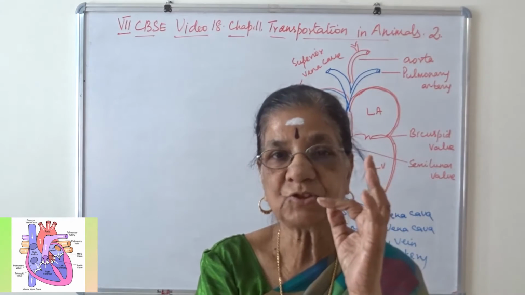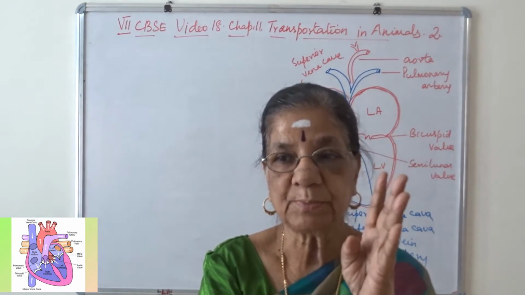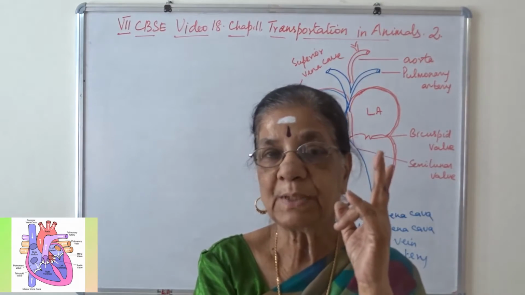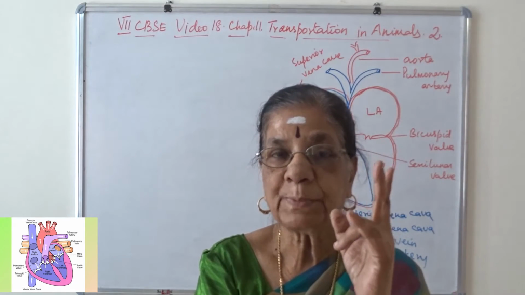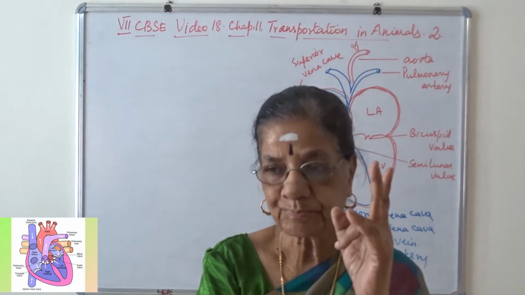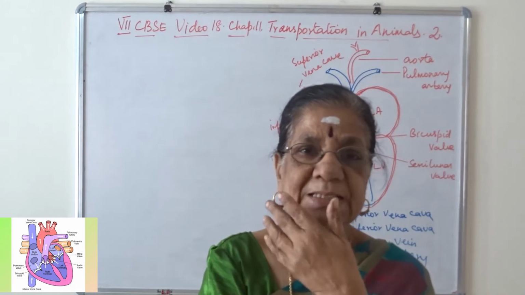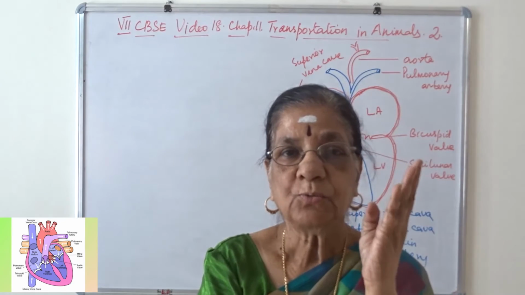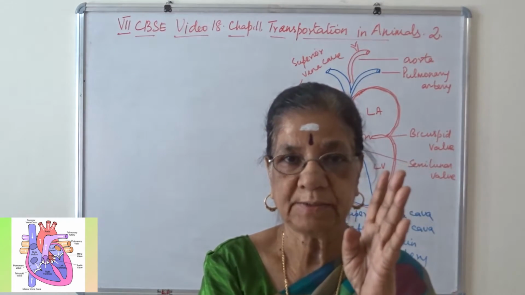Reptilia and Aves have 4 chambers, 2 atria and 2 ventricles, but they are incompletely divided. Whereas class Mammalia has a well-formed 4-chambered heart.